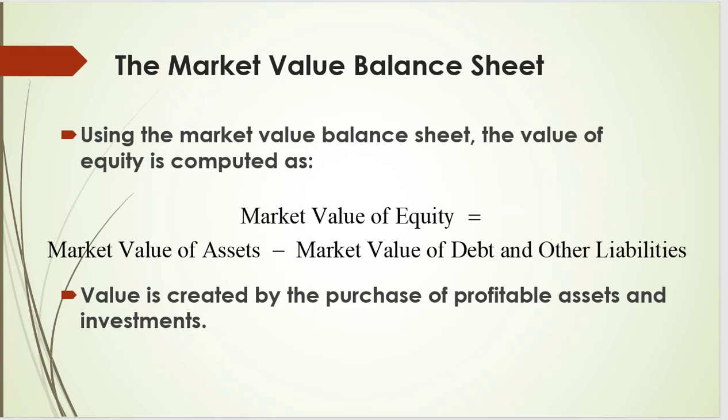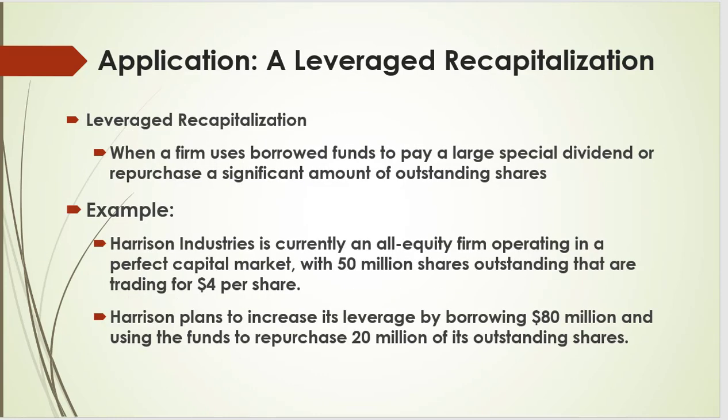In a formula, the market value of equity is the market value of assets minus the market value of debt and other liabilities. Again, value is created by the purchase of profitable assets and investments. It's not created by the use of differing methodology for gathering the money to buy those assets.